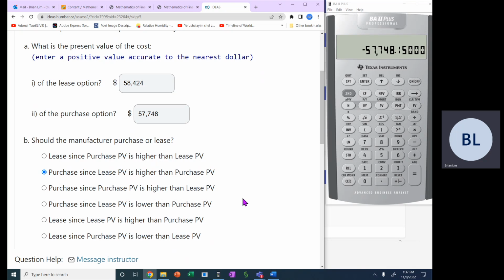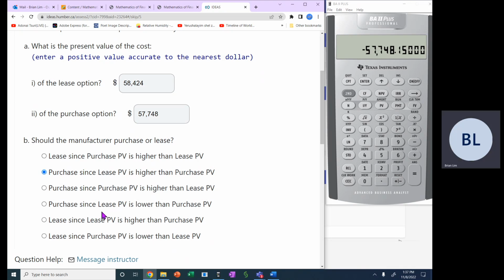It probably looks correct. Yes, the lease present value is higher than the purchase present value. Let's keep going. Purchase, since the purchase present value is higher than the lease present value, well, the purchase present value is lower, right? So purchase, since the lease present value is lower than the purchase present value. Well, that's not true because the lease present value is higher. Lease, since the lease present value is higher than the purchase present value.